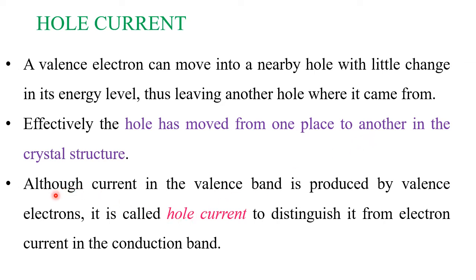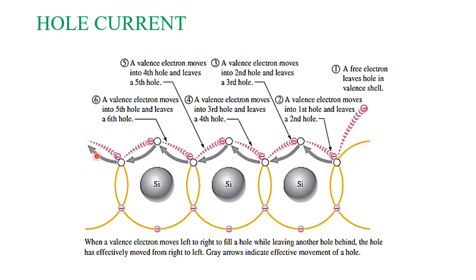Although the current in the valence band is produced by valence electrons, it is called hole current to distinguish it from electron current in the conduction band. So here you can see the hole current.